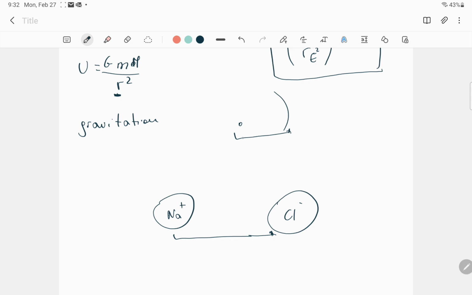Not so majestically distant like a planet and a star, but significantly close, but the ratio is almost the same due to the small sizes of those cations and anions compared to stars. So those are basically the two scenarios when you will use this equation rather than the mgh.